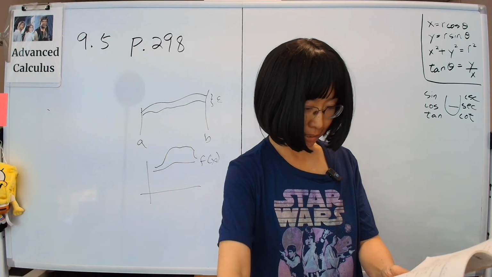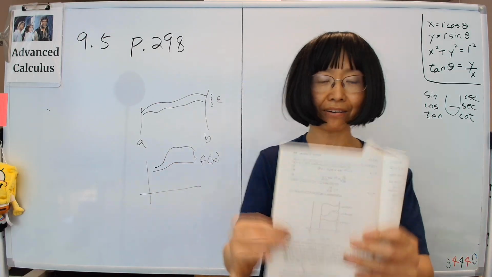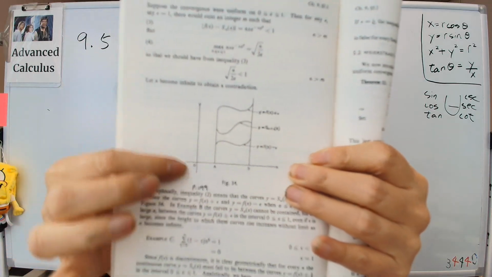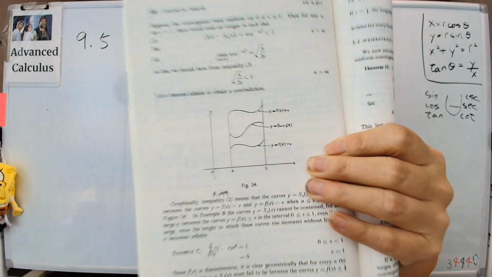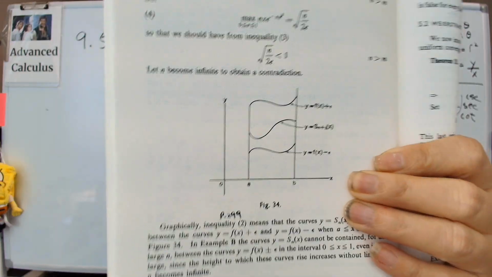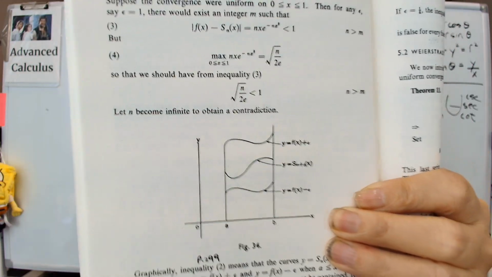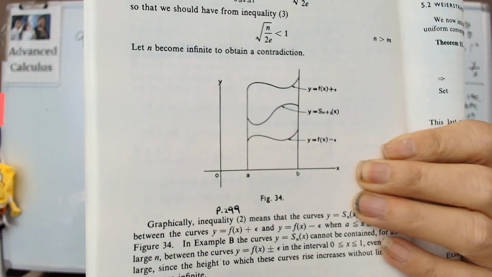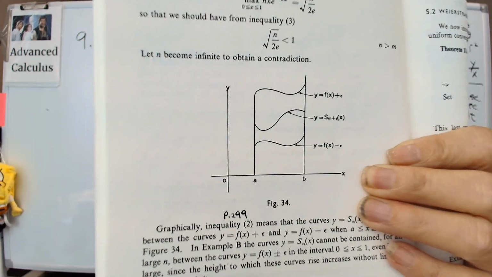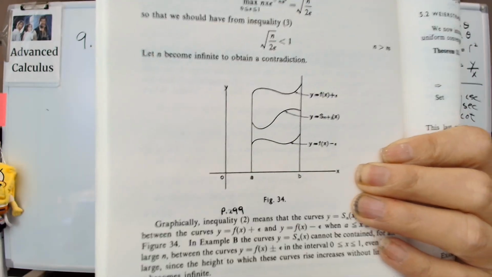Okay, next. I should mention what's underneath. Underneath, we have a simple little graph, which is not different from what I've drawn on the board. If you have a function f of x, you have one that's f of x plus epsilon on top, and one that's f of x minus epsilon on the bottom, and then the partial sum is going to be in between, okay?